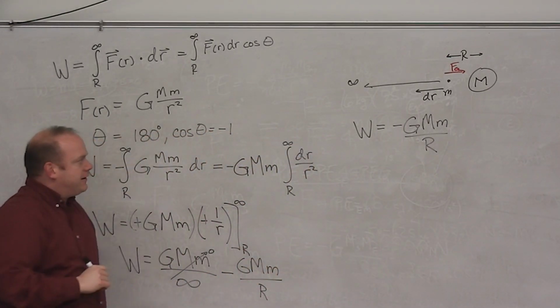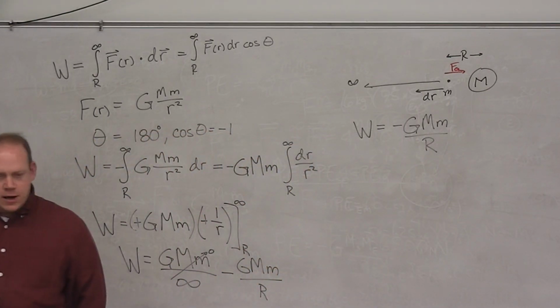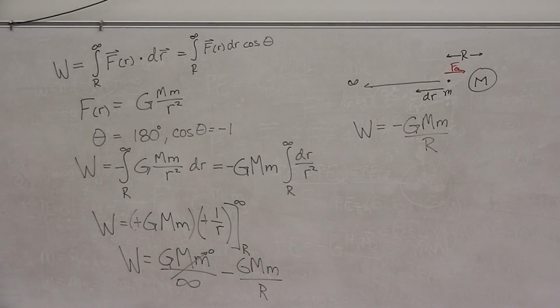Okay, so I want to make sure that I get this in terms of potential energy. Work is good, but I need it in terms of potential energy. So now what I'm going to do is compare potential energy and work. We talked about that earlier in the year.